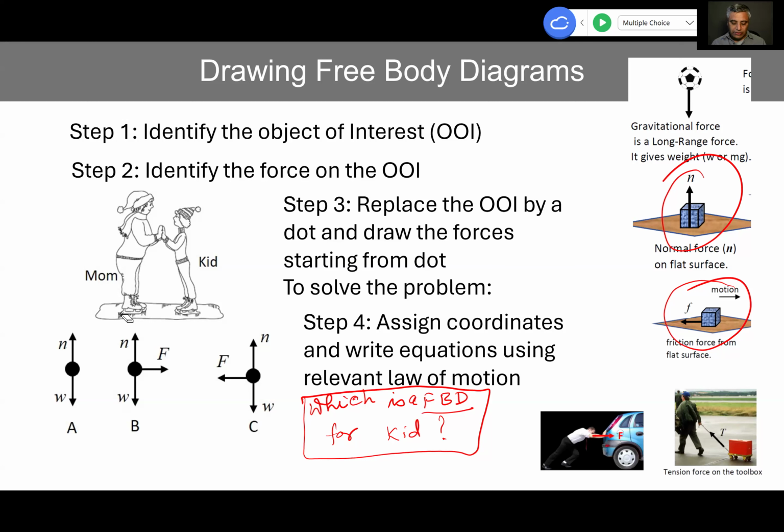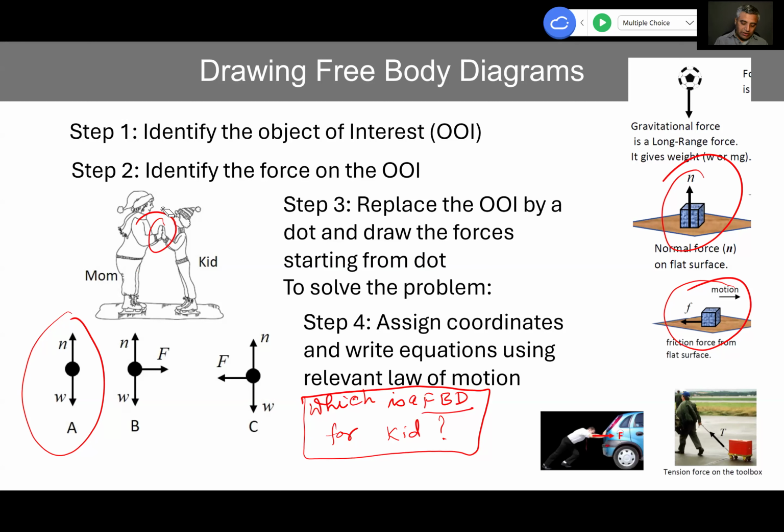They are trying to start the act and they push. I wasn't that specific about that. I'm just realizing that. So if they were not pushing each other, then yes, A would be the correct answer. But here it looks like they are pushing each other.